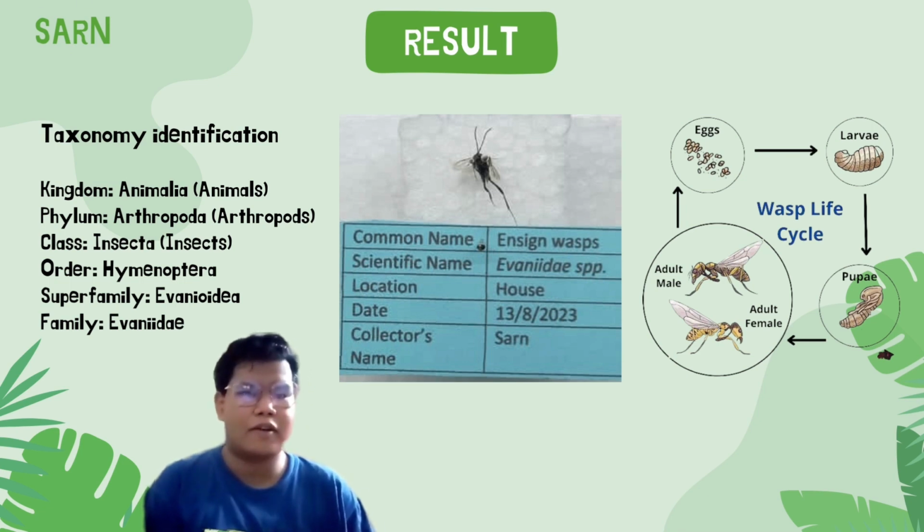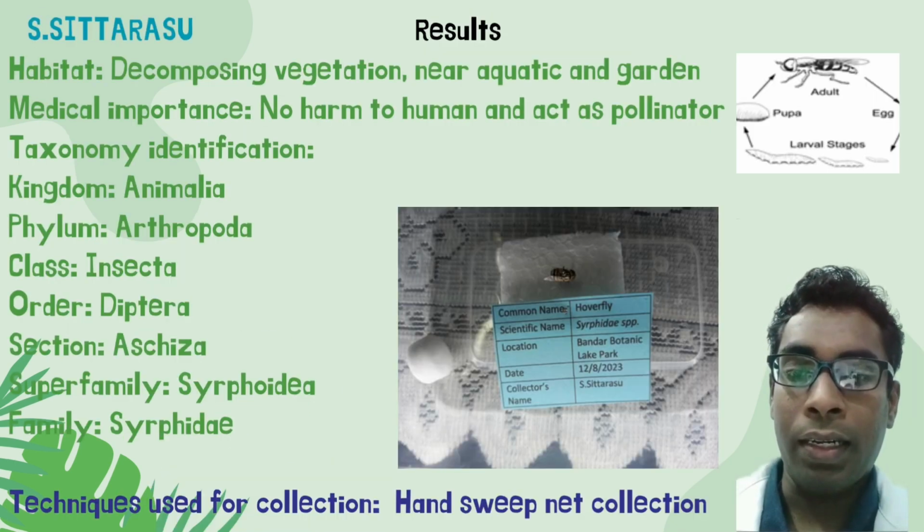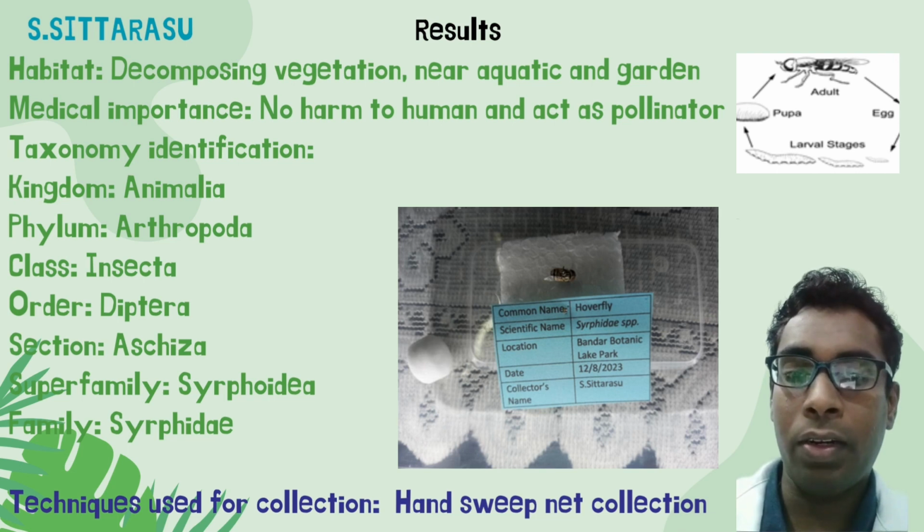This is a complete metamorphosis. Next, the hoverfly. It looks like a bee, but it's not. It's a fly. It has a complete metamorphosis for its life cycle. Its family is Syrphidae. Its habitat is decomposing areas near aquatic areas and gardens. The medical importance: no harm to human life. They act as pollinators. The collection technique used was a net.